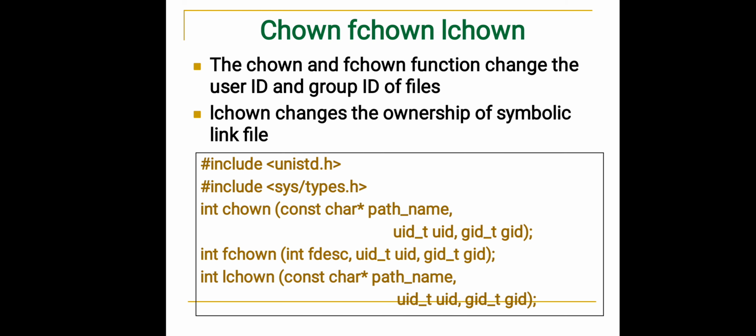chown, fchown and lchown. The chown and fchown functions change the user ID and group ID of the file.